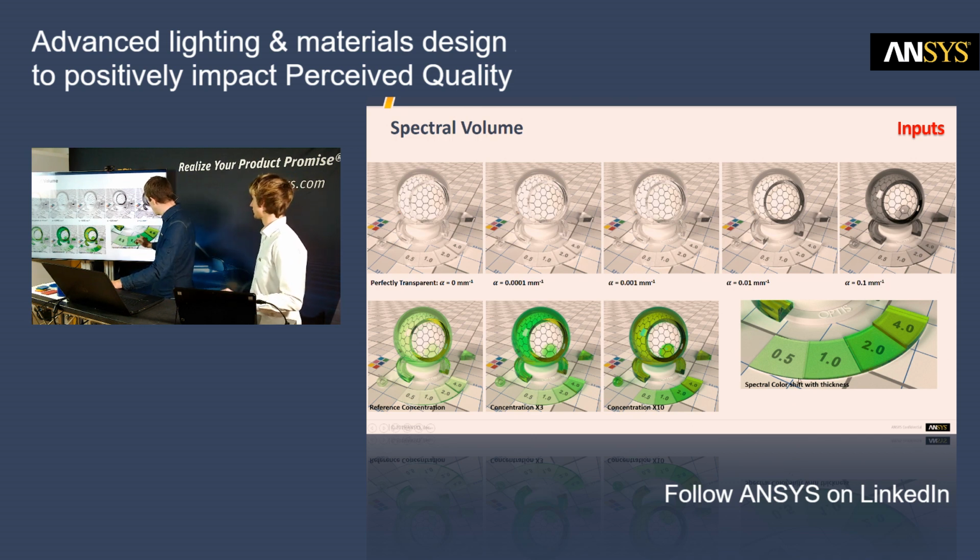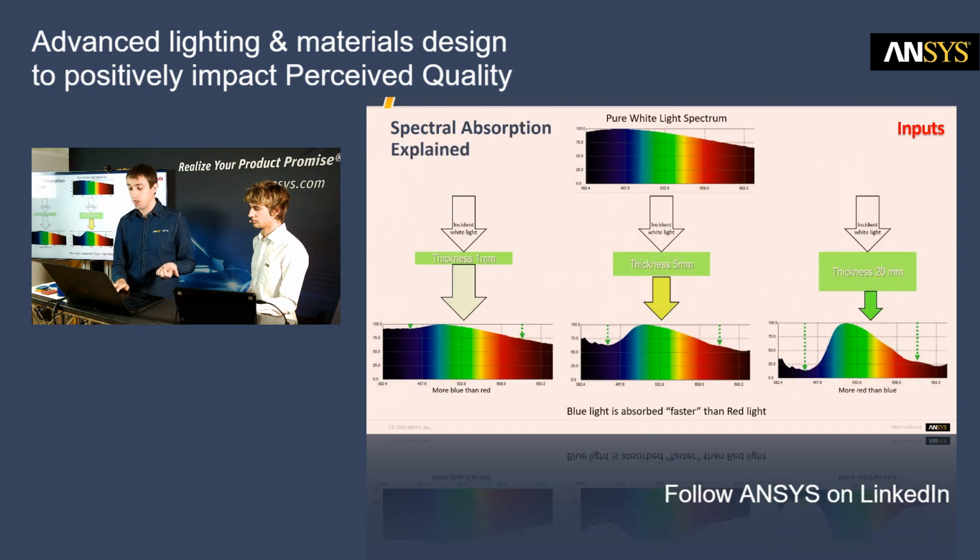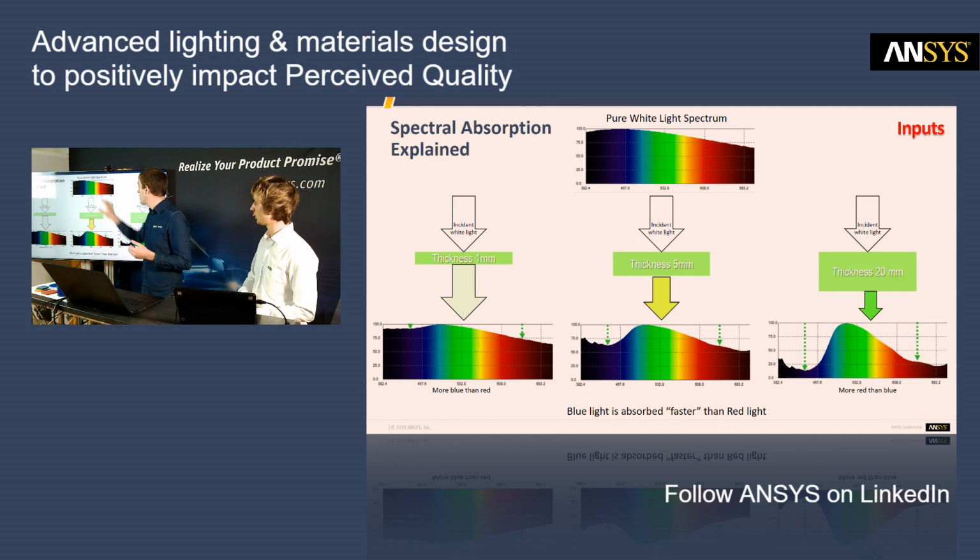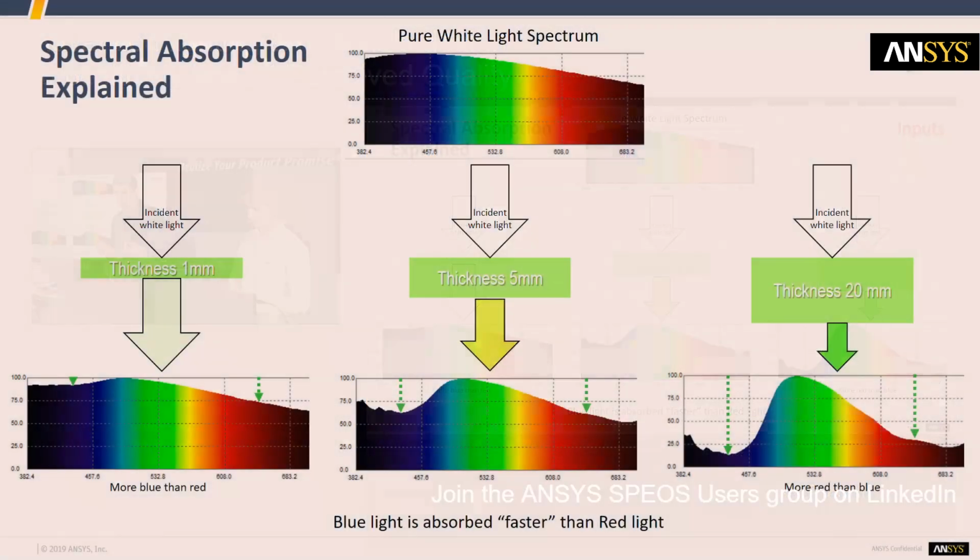it goes from pure green to yellowish green, and that's something that can be explained through spectral absorption, which we do through optical simulation. What happens is this green transparent material lets all the green part of the spectrum pass through, and will absorb the blue and the red parts. But in fact this material will absorb the blue part much faster than the red part.